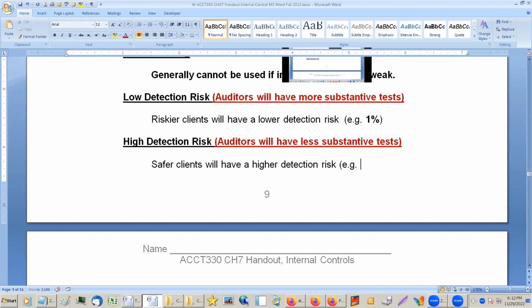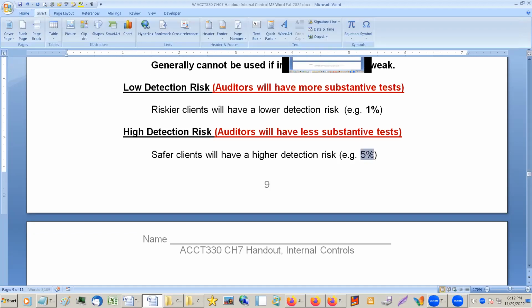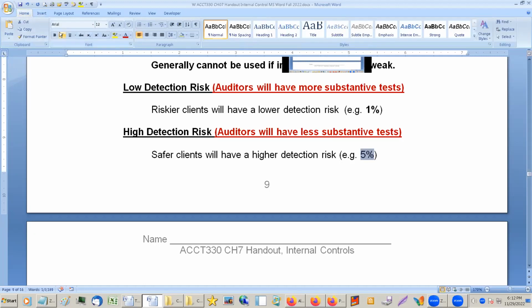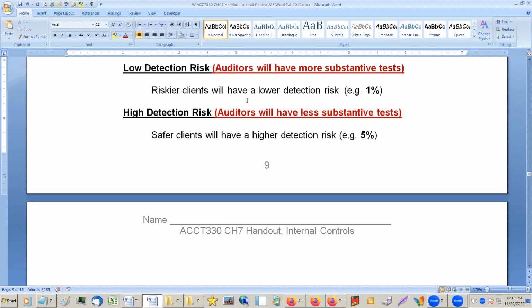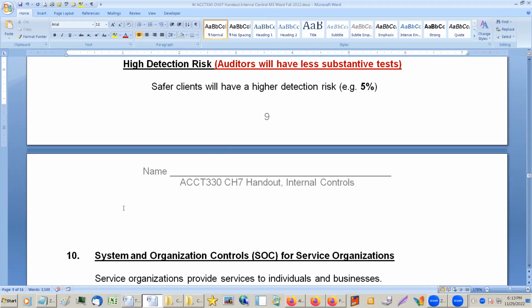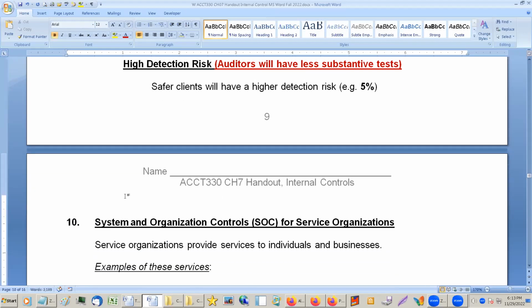The risk of the auditors failing, maybe they'll say 5% or 10% even. So safer clients, higher detection risk. Riskier clients, low detection risk. You have to look more for riskier ones. Okay.